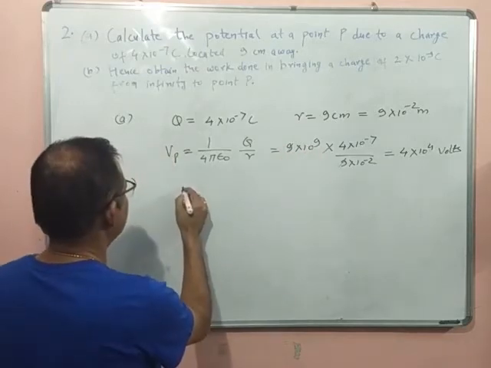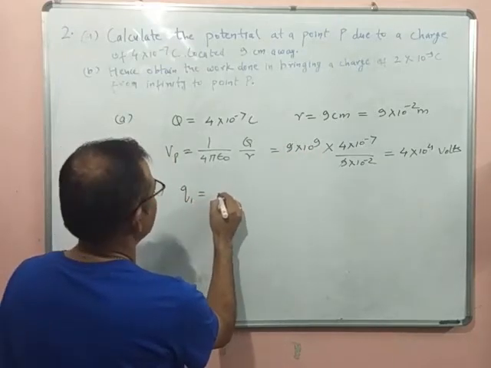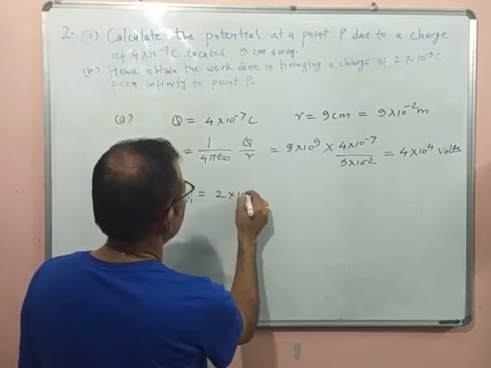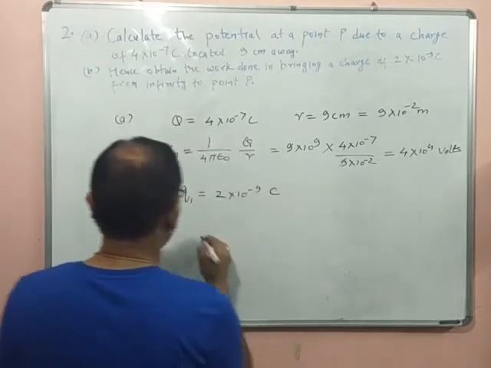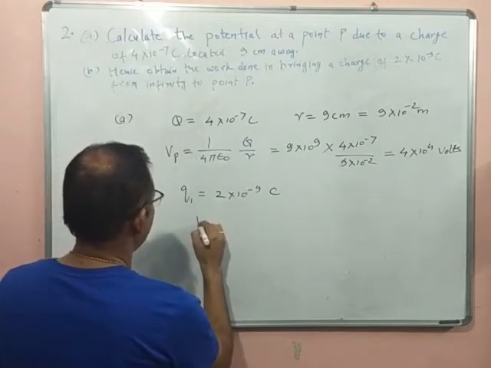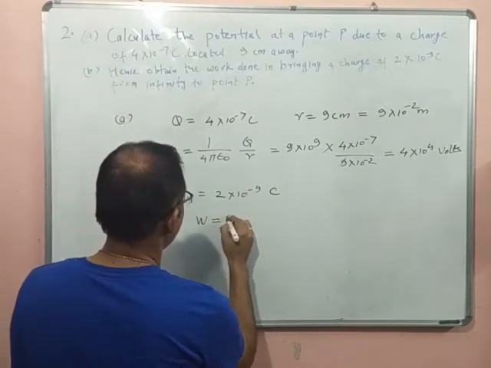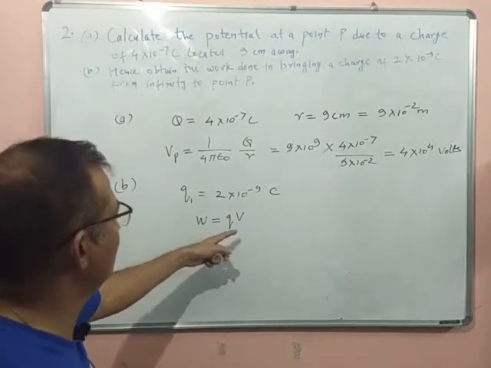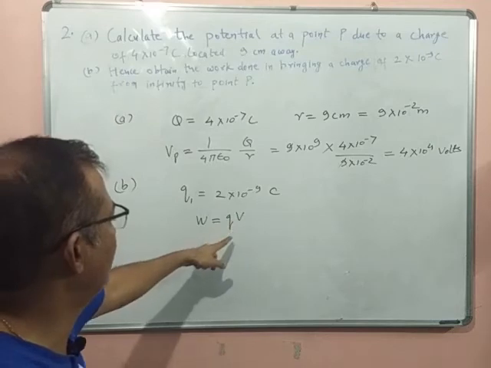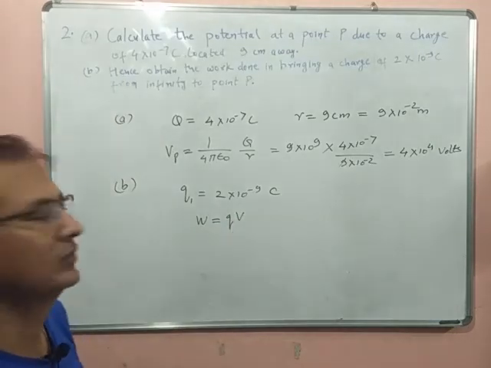See here, the charge Q1 is 2 into 10 to the power minus 9 Coulomb. So the formula for work done is equal to Q into V. That means charge into the potential at that point is equal to the work done.